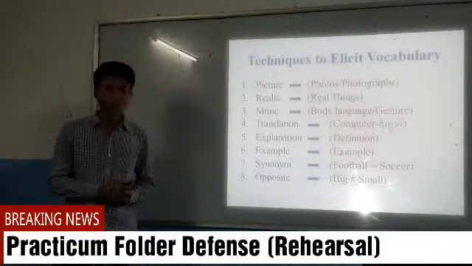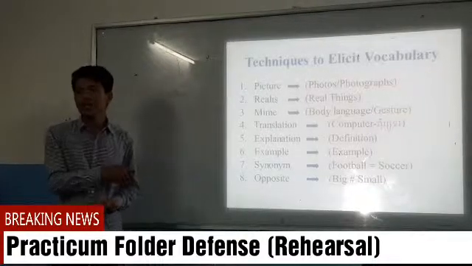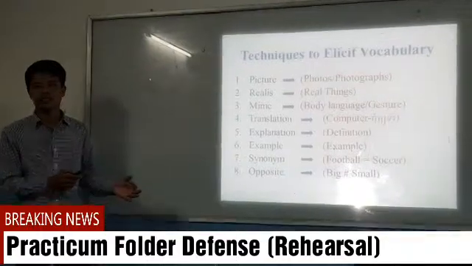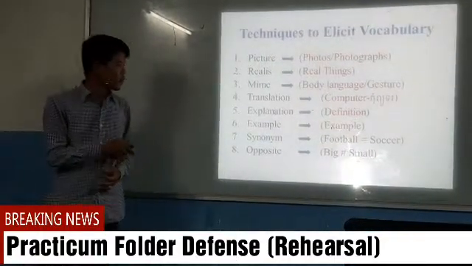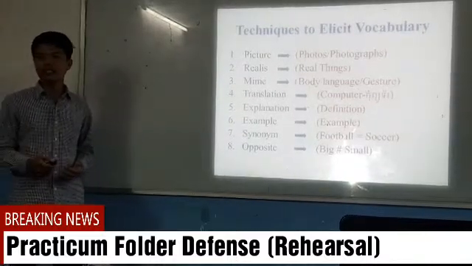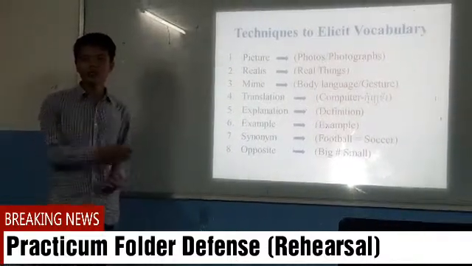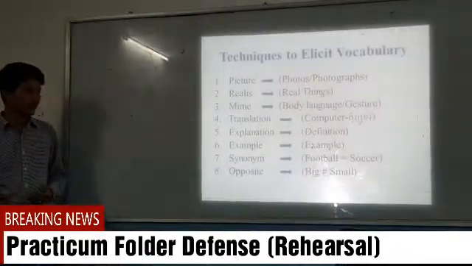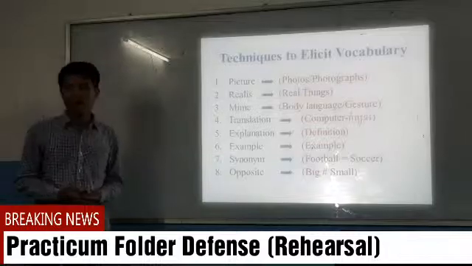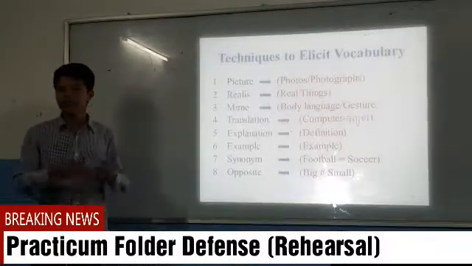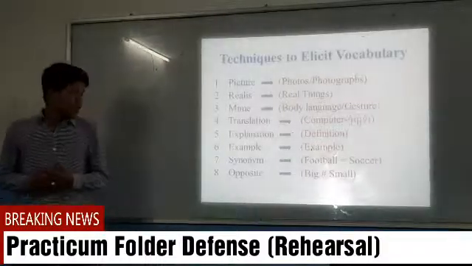Fourth, translation. Translation using a computer or smartphone, or asking the teacher. And fifth, explanation. The teacher gives the definition by explaining the definition to the students. Example: the teacher shows the new vocabulary by giving examples to the students.